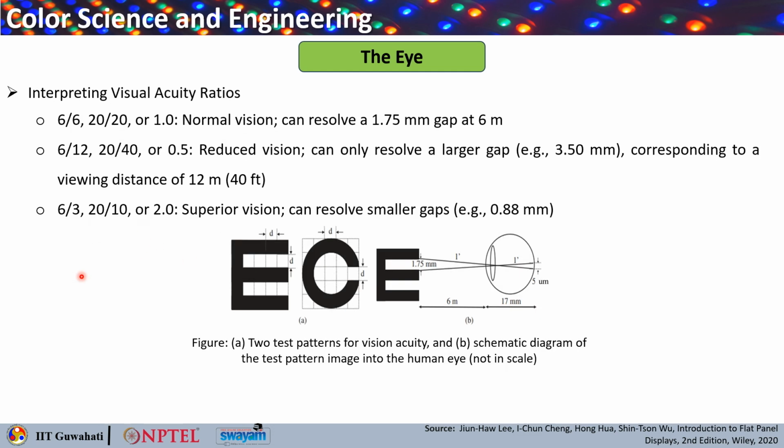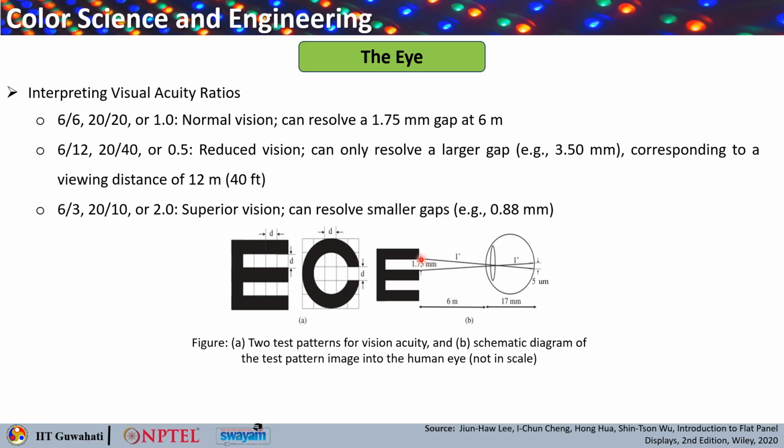So, how do you interpret these visual acuity ratios? When someone says 6:6 vision, or you can also say 20:20, the ratio is 1.0, that corresponds to a normal vision. That means a person can resolve a gap of 1.75 mm from a distance of 6 meter.